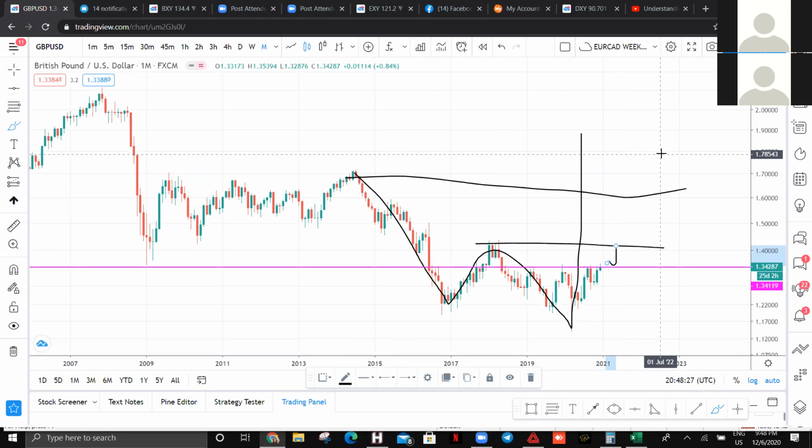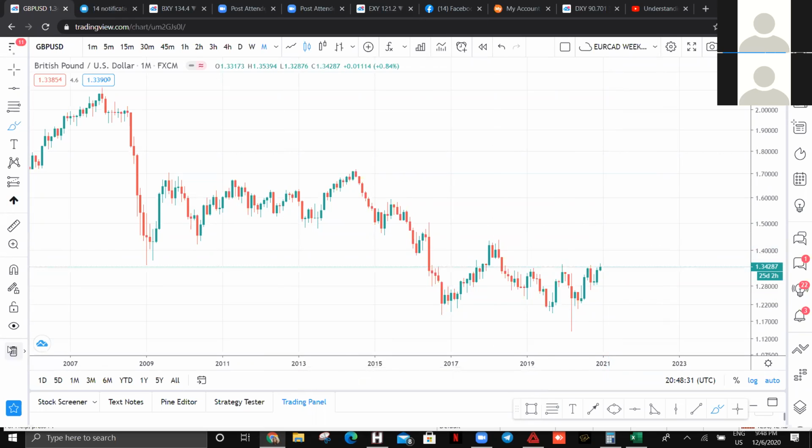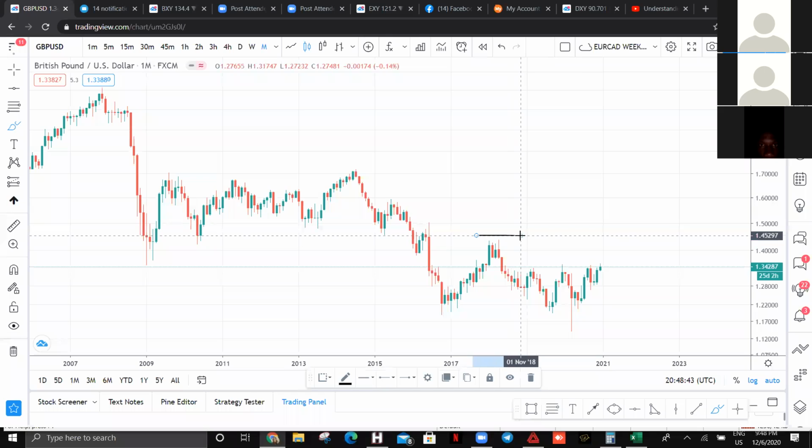But until then, let's analyze what's going to happen this period. Now this is a monthly time frame. You can see that the market has been going down here until here is broken. You can't say this is a complete uptrend, okay? Because this was the last low.